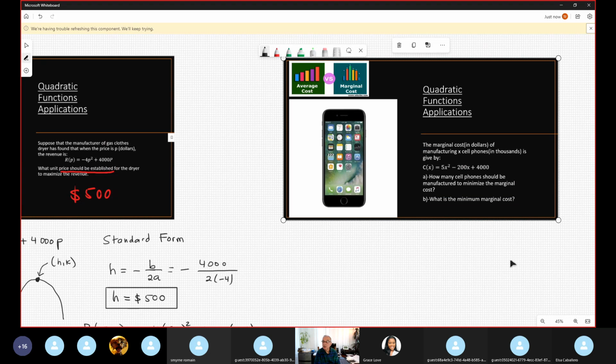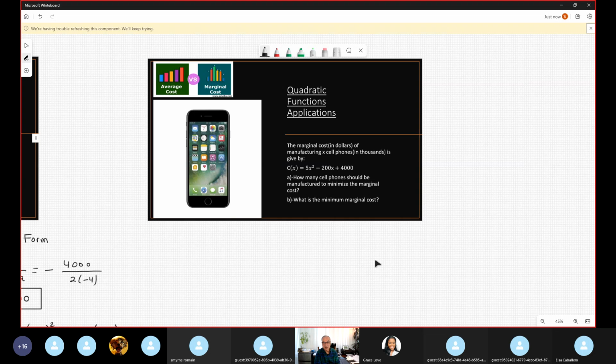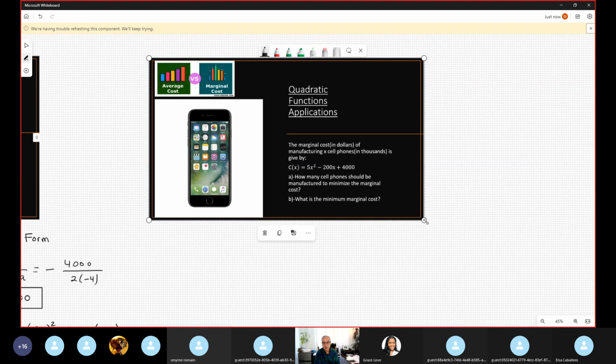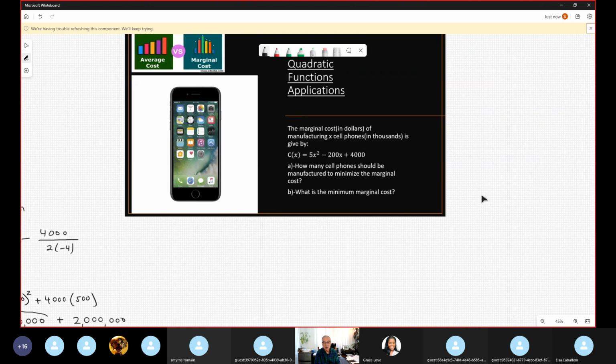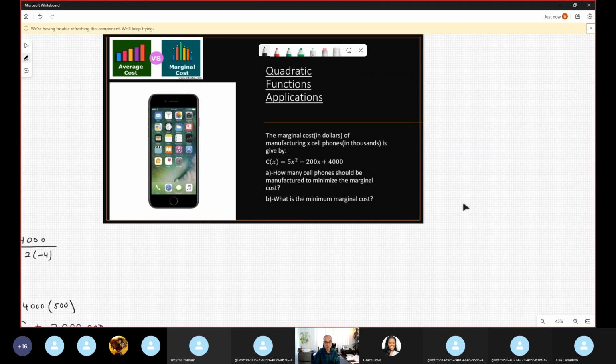Okay, let's move on to the next one to understand. This is more practical. It's the smartphone. Okay, this is the marginal cost. Okay, cost. This is different. No profit. There's no money earned. It's money I spent. Well, I know the manufacturing spent. The marginal cost in dollars for manufacturing x cell phones, in thousands.